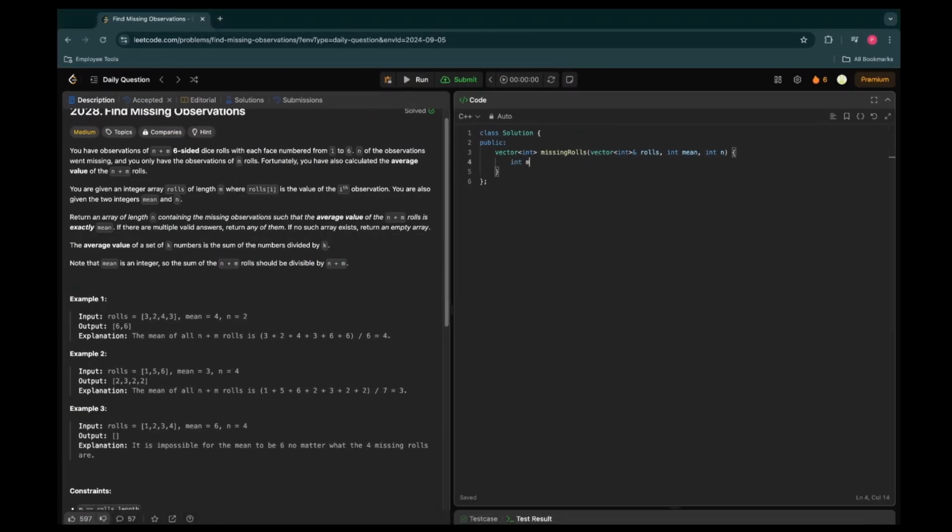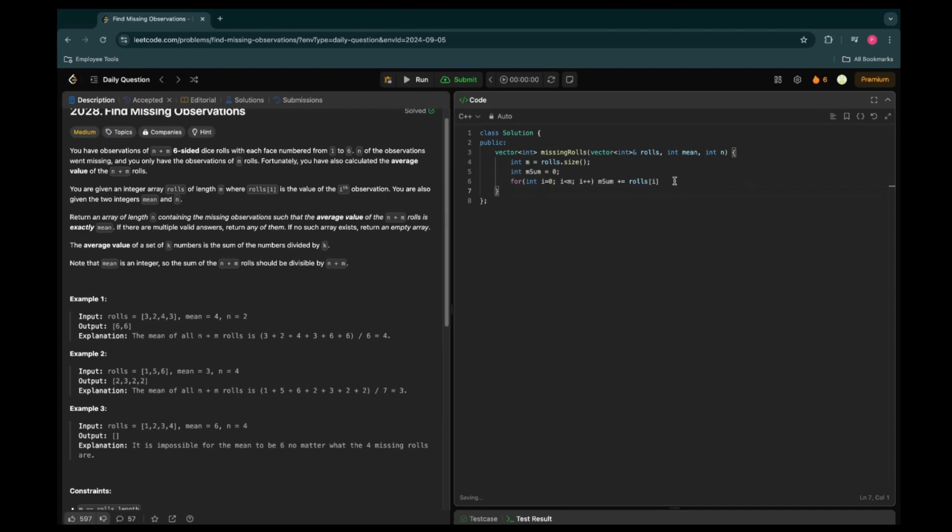So first of all, we will store its size, rows.size, and first of all we will make the sum of m observations. Okay, so for int i equals 0, i less than m, i plus plus, sum plus equals rows of i, right?